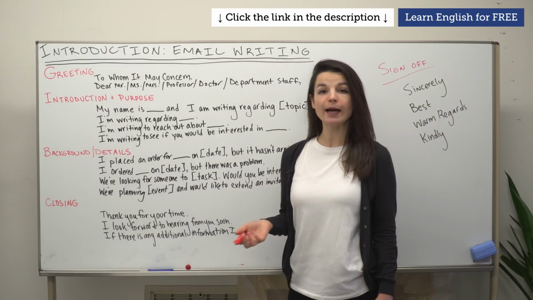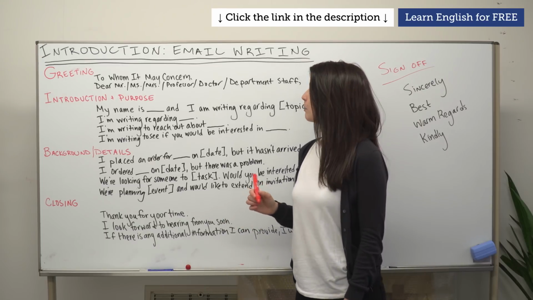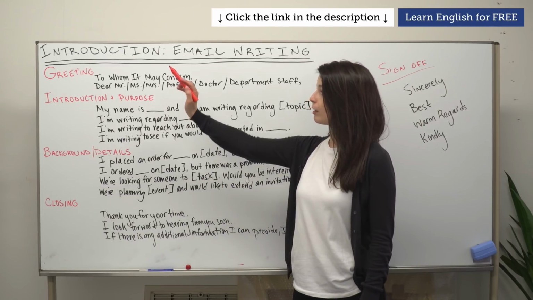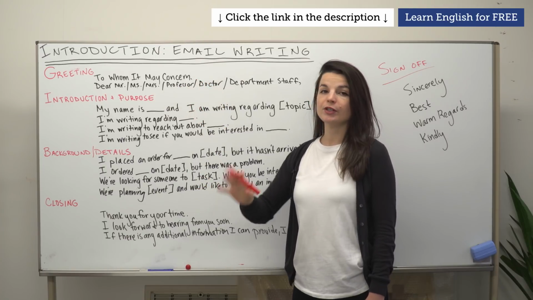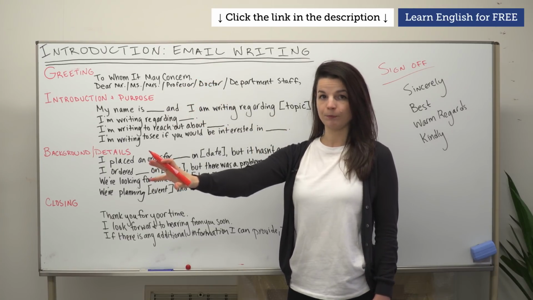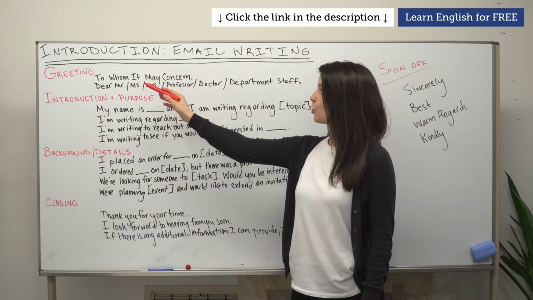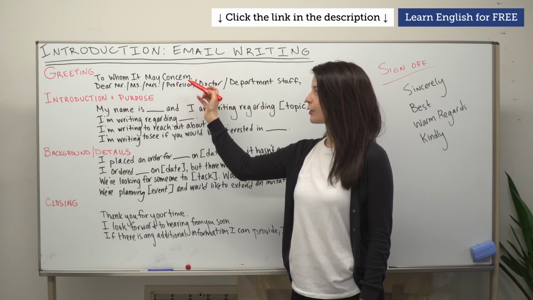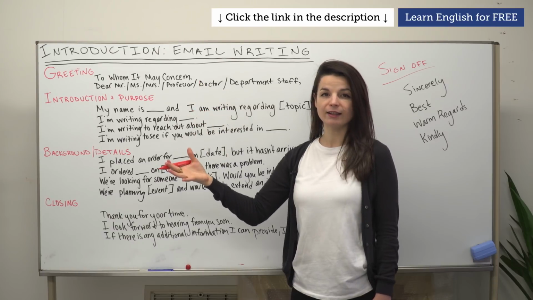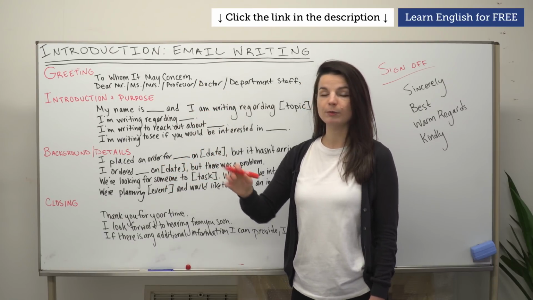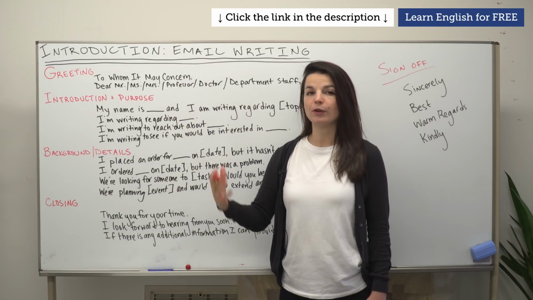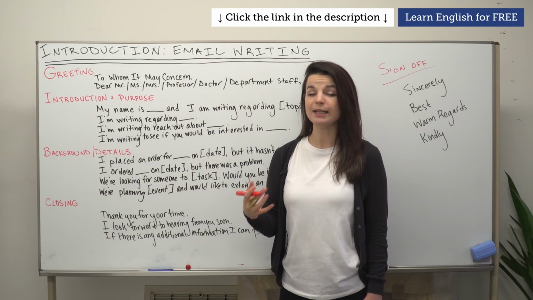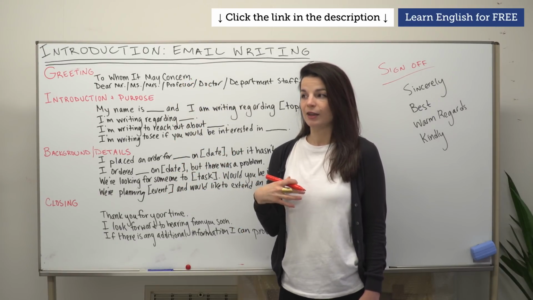Let's look at some patterns you can use in these emails. Let's begin with the greeting part of your email. If you don't know the person receiving your email, you can use the expression "to whom it may concern." This is kind of a classic line. Some people feel it's a little bit old-fashioned, but it's polite and most people are familiar with it. To whom it may concern just means the person related.